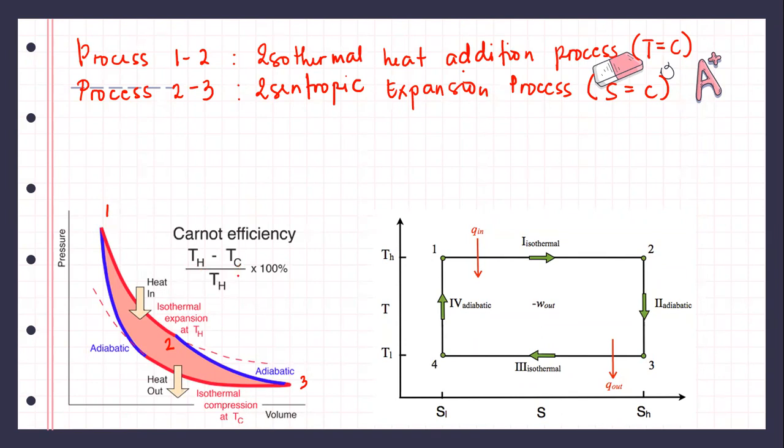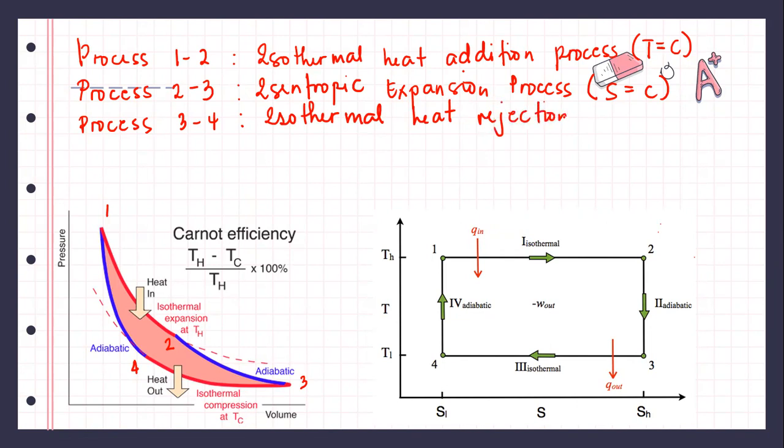Okay, then process 3 to 4. This one is point 4. Process 3 to 4 is the isothermal heat rejection process.